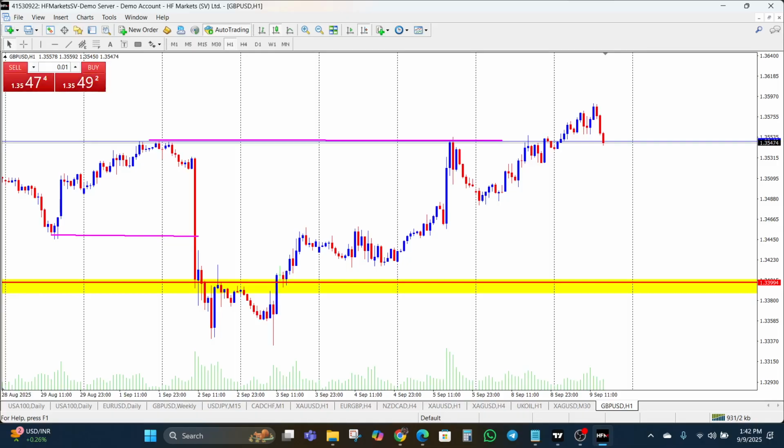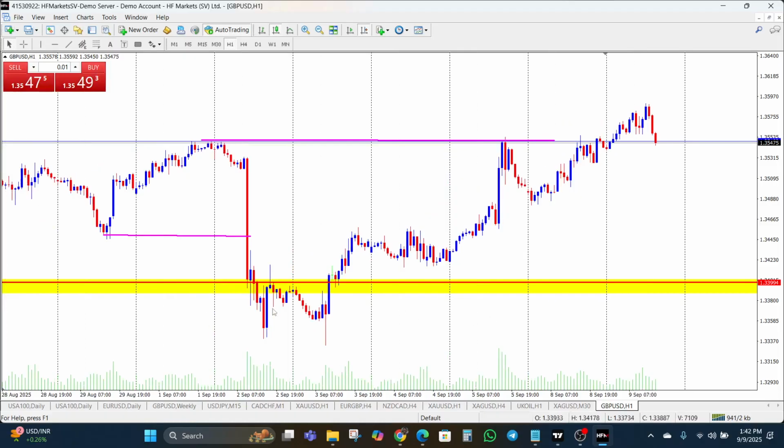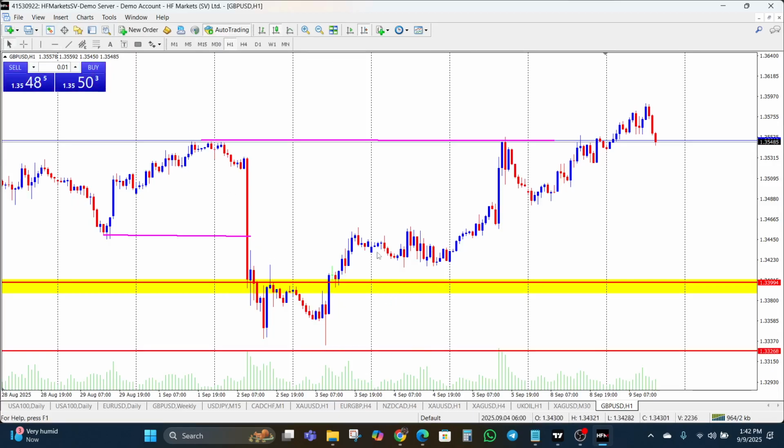Now, timing your entry is everything. Once the fake out is confirmed, you enter in the direction opposite the false breakout. You place your stops just beyond the extreme of the liquidity grab. You don't want to fall victim of a liquidity grab after you've already identified it.